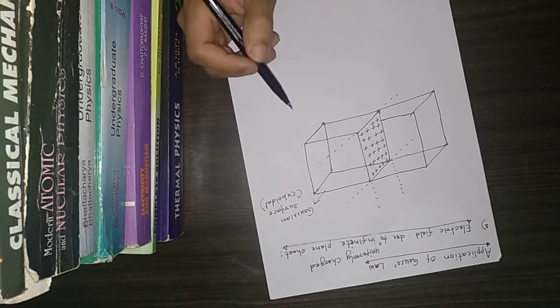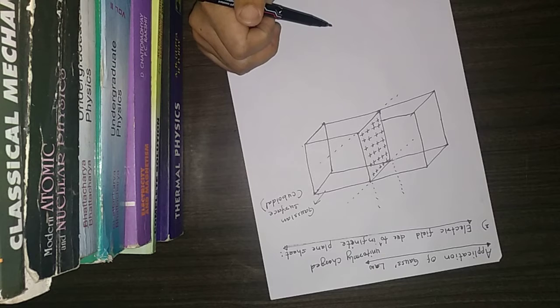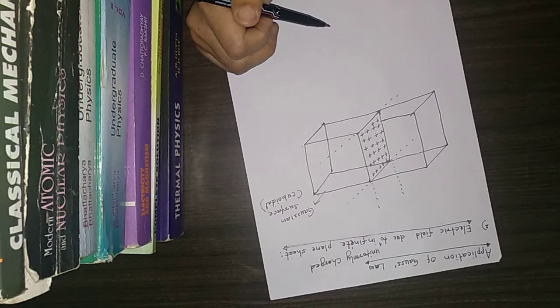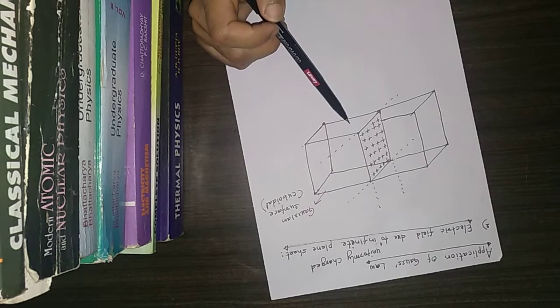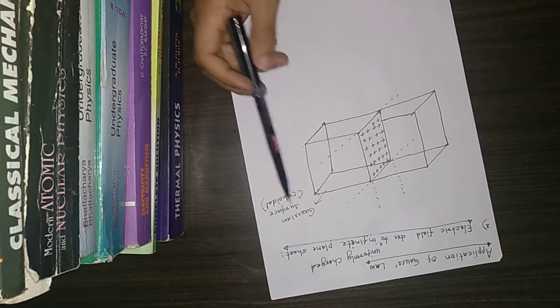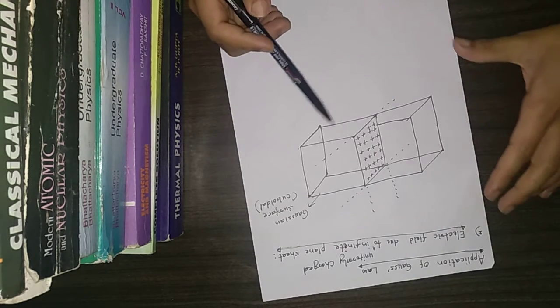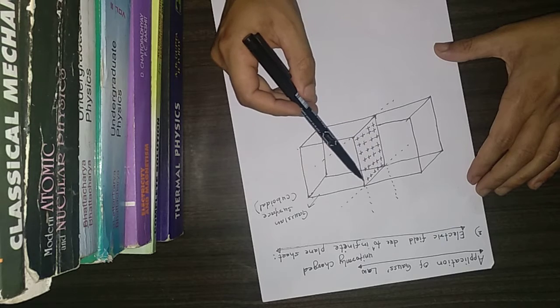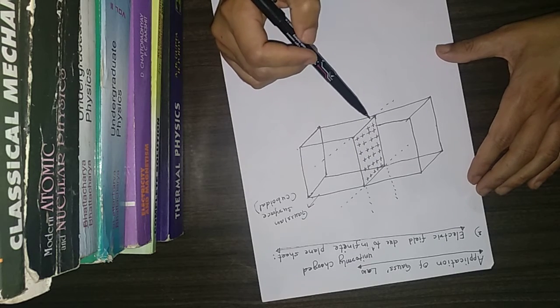In the previous case of the infinitely long uniformly charged wire, we considered a cylindrical Gaussian surface, but for this infinite plane sheet we have considered a cuboidal Gaussian surface. Now let's see in which directions this plane sheet contributes the electric field.